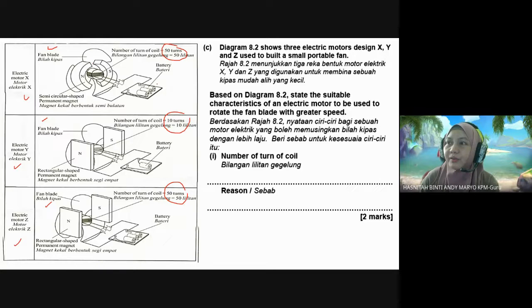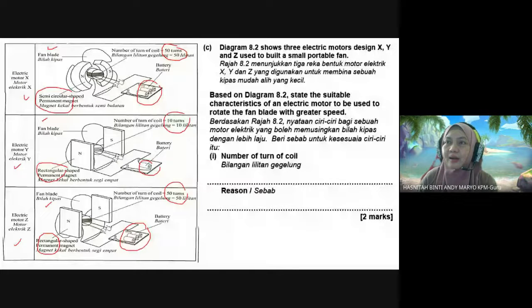Number of batteries. X uses 3 batteries, Y is the same, and Z also uses 3 batteries. Any other difference? Ada lagi tak bezanya? Look at the shape of the magnet used. X uses a semicircular shape magnet, radial shape. Y uses a rectangular shape magnet. Z also uses a rectangular shape magnet.